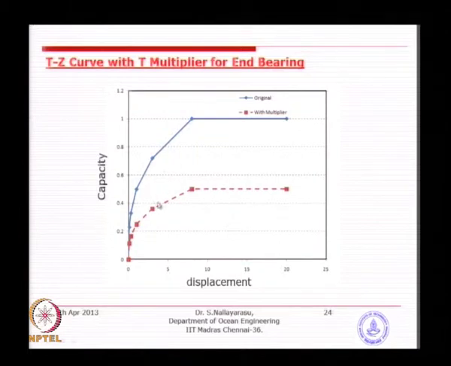This is basically a T multiplier, not a z multiplier. So, for a given displacement, the modified T-z curve has a lower capacity than the original capacity, which is say 1. The reduced capacity is about 50%, so this is basically a multiplier on the capacity.